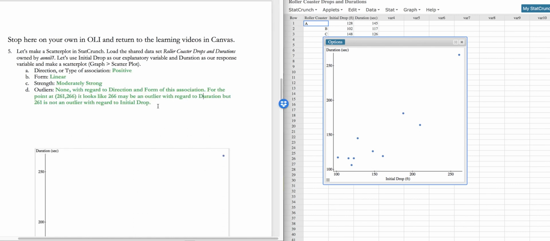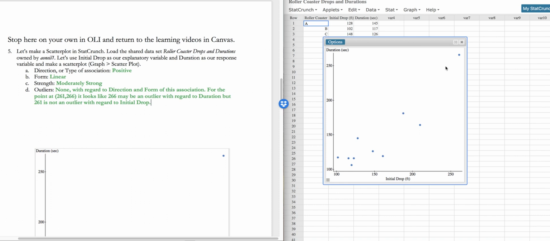All right, so these are the answers that I put in, that I've got a positive association as the values for initial drop get larger by moving to the right. The values for duration get larger by moving up. So that is our positive association, where we see those points going up from left to right. This form is decently linear.